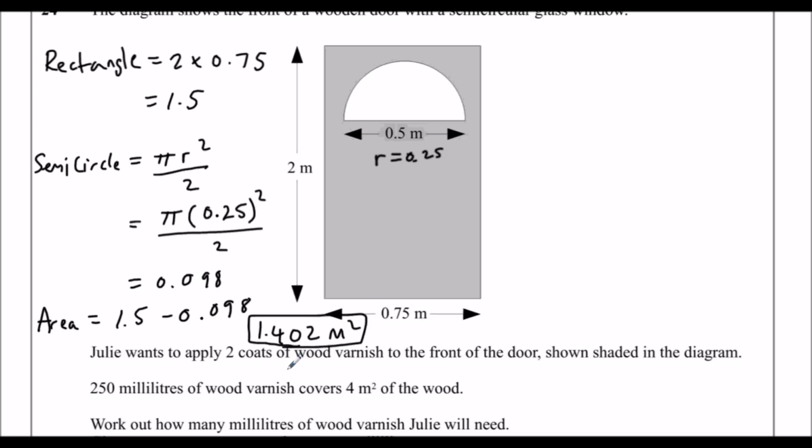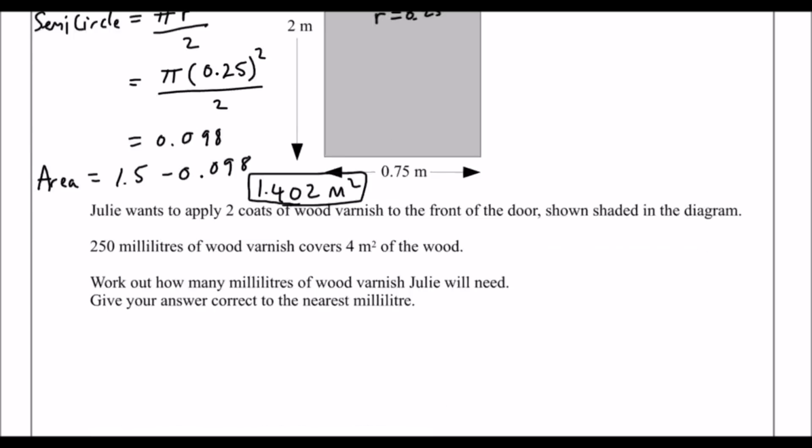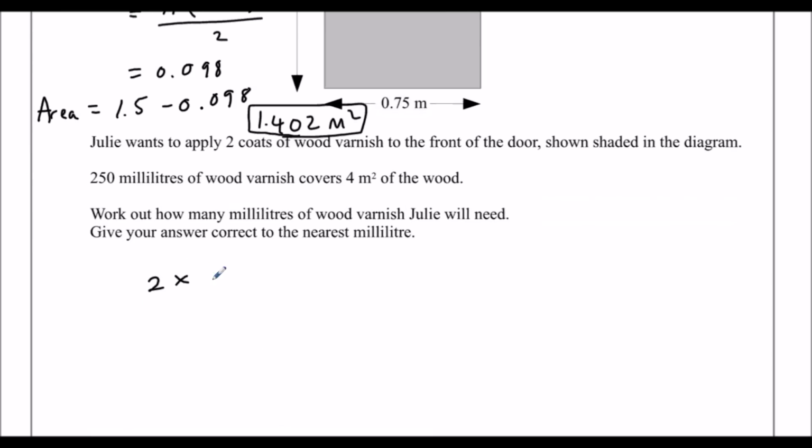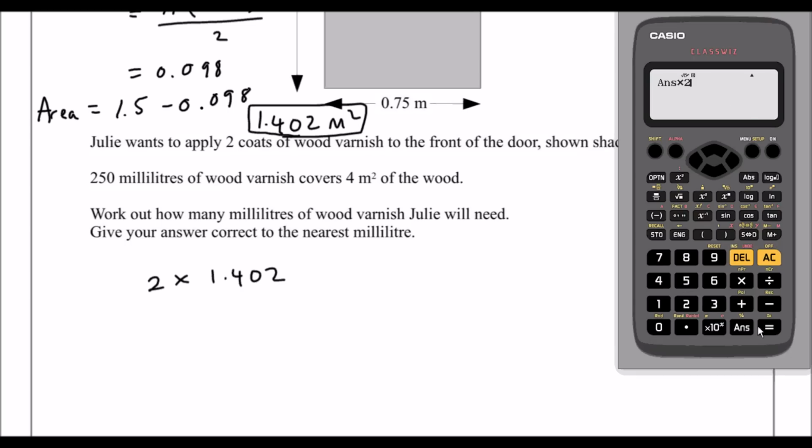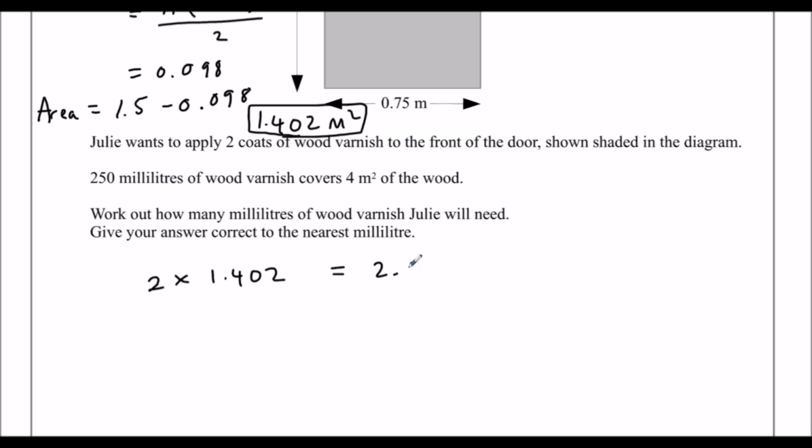But we're going to apply 2 coats of wood varnish. So we want 2 lots of 1.402, which is 2.804 meters squared.